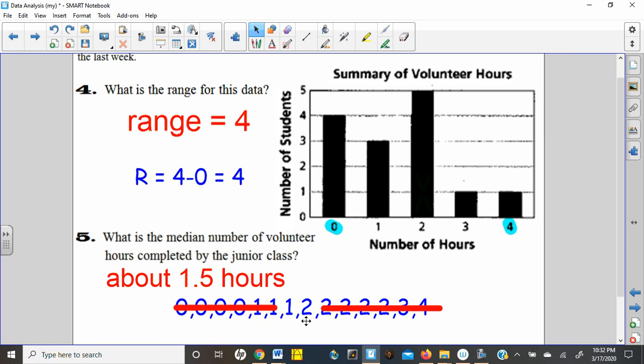So the middle numbers would be the 7th and 8th, and the average of 1 and 2 is 1.5. You could have gotten to the same point if you did, okay, 4 off that end, 4 off that end, 3 off this end, 3 off this end. Oh, look, I have 1, 1, and 1, 2 left. So average them, same answer, different way of doing it.